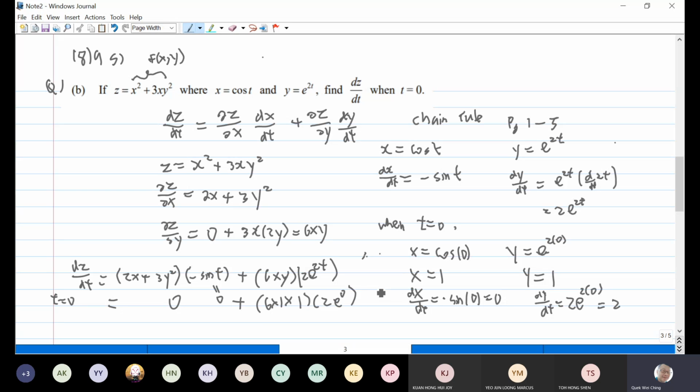So altogether, you find that this is actually equal to 12. So this is equal to 12. Okay, so this is how you do question 1b using the chain rule.